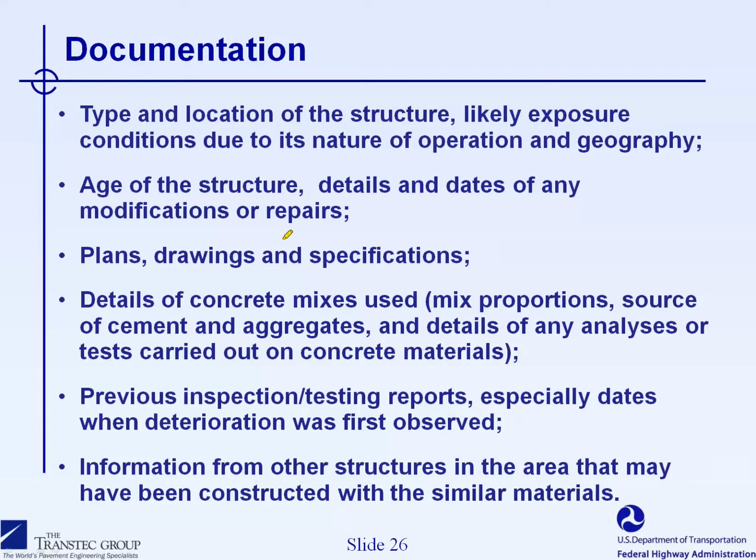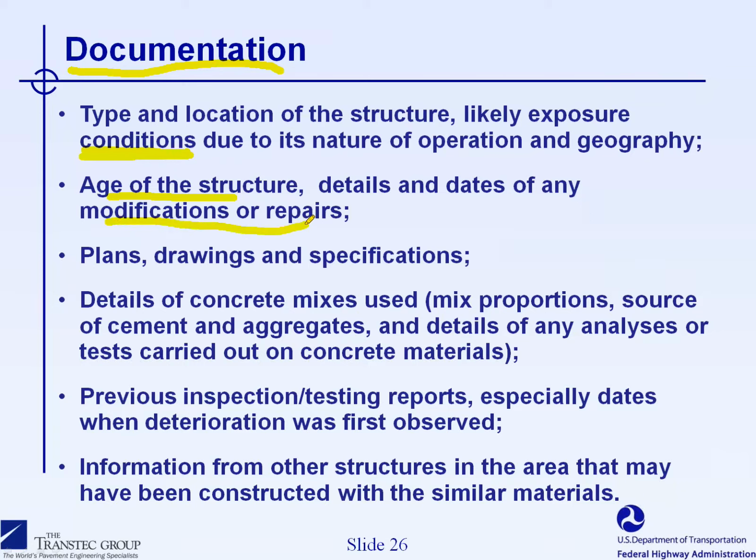So all that documentation is not necessarily available to the inspector, but here you can find a list of the different documents that could be very useful to help the inspector for the interpretation of the field observation. For instance, documents that could be very interesting would be the type and location of the structure, the likely exposure conditions. This is very critical since ASR will likely develop faster in those parts of the structure that are exposed to moisture.